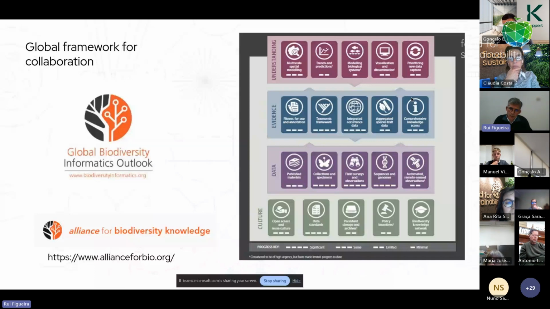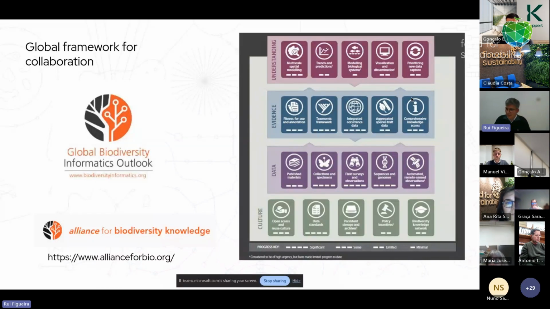So we need to agree on common standards and frameworks to make sure that the data that are created can be used by others and the other way around. So through this Alliance for Biodiversity Knowledge, the whole community in biodiversity informatics is agreeing on common principles to make sure that these different parts combine together to provide the data in a free and open way to everyone.